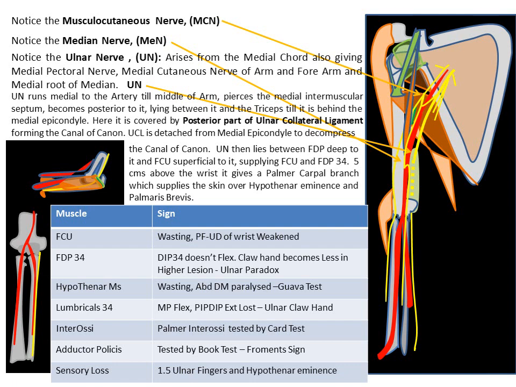Then the interossei are paralyzed, and the palmar interossei, which are adductors, are tested by the card test. Finally, the adductor pollicis is paralyzed, and it is tested by the book test of the Froment sign. Then, besides this motor deficit, you will have sensory loss in 1.5 ulnar fingers and the hypothenar eminence.